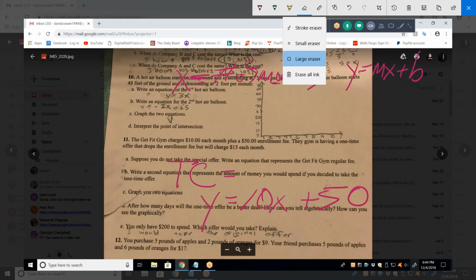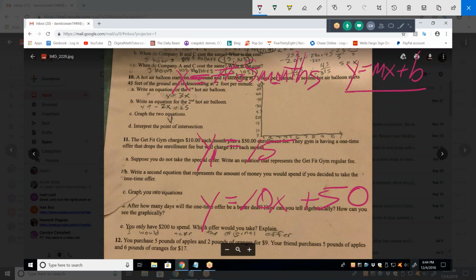So if I call that one y sub 1, for one-time offer, what's that cost going to be? The one-time offer is going to be 15. Don't forget the variable. You always need the variable. Remember, it's y equals mx plus b.